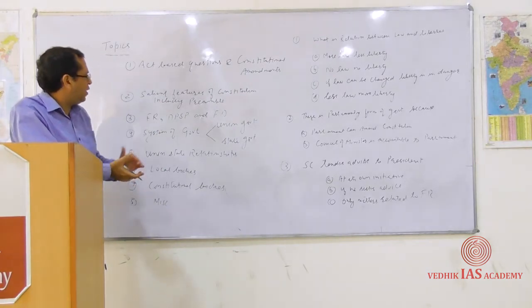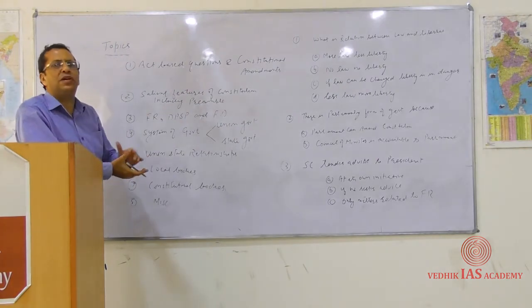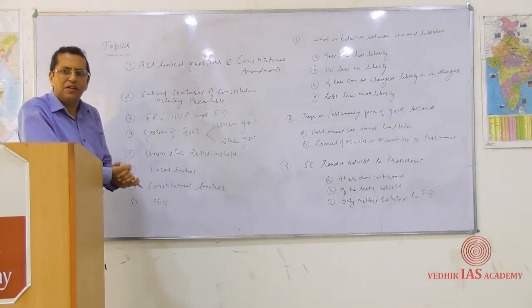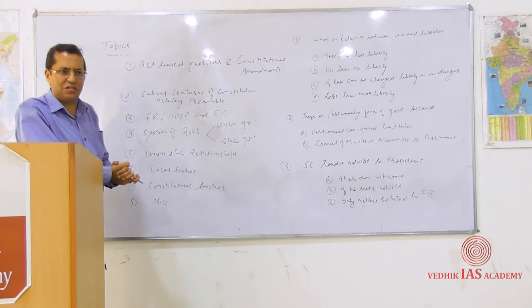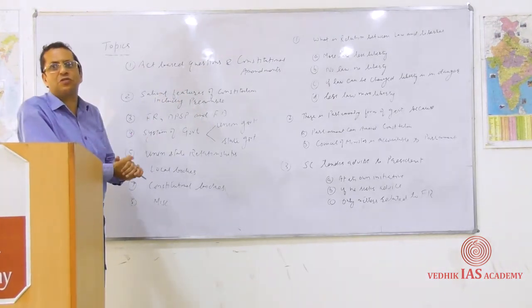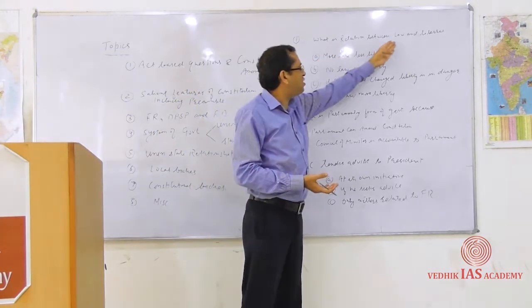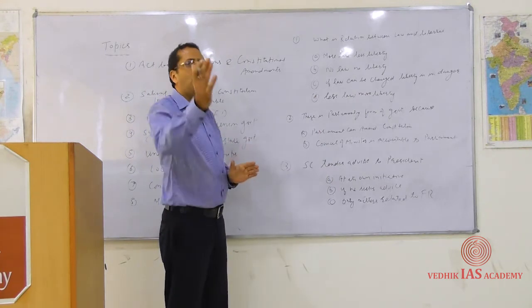The second topic, salient features of the Constitution including the preamble. Again, from this topic we get mostly factual questions, but sometimes we get good conceptual questions as well. For example, what is the relationship between law and liberties?